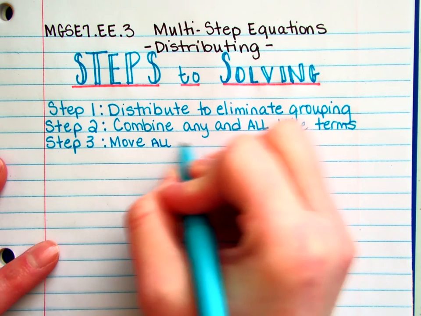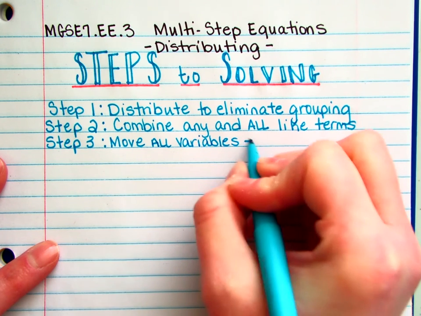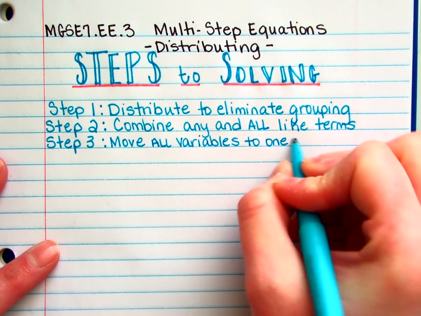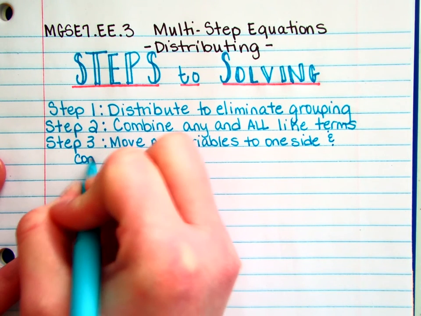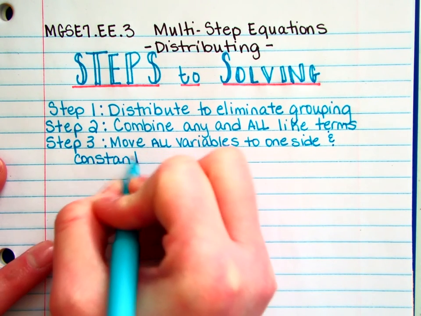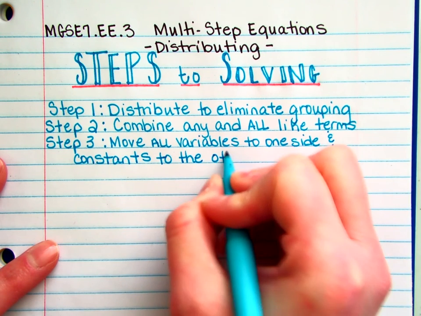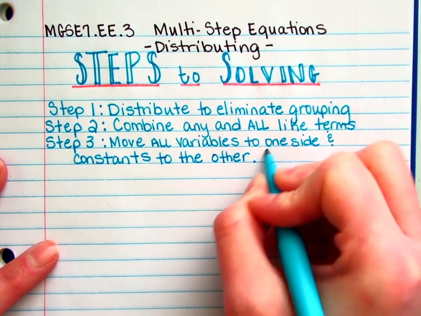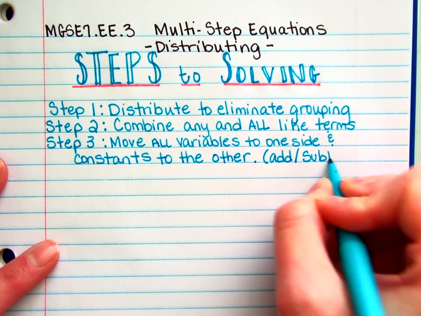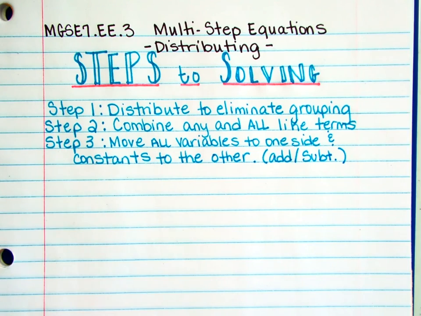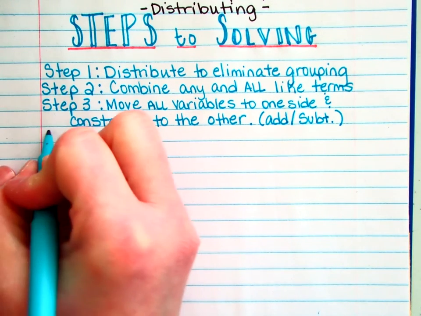So move all variables to one side and constants to the other. You will do this by adding and subtracting. I'll just write out add / subtract. Working those zero pairs is what you'll do, that additive inverse to eliminate those.